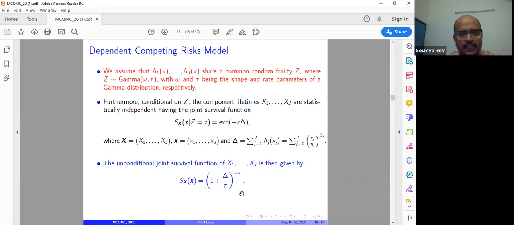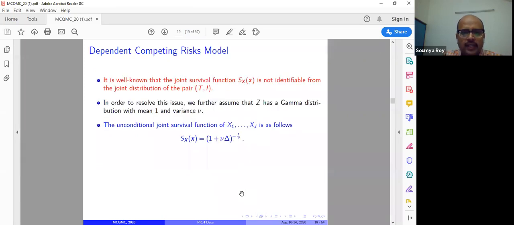Now, it is easy to derive that the unconditional joint survival function of X1, X2, XJ is going to be given by this expression. But the problem with this is that we have data here on the pair T and I. So based on that data set, we cannot identify all the parameters of this model, right?